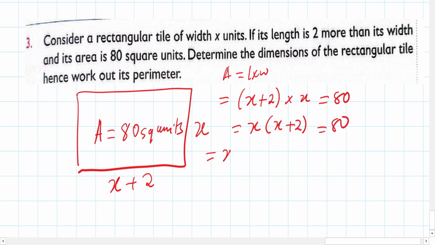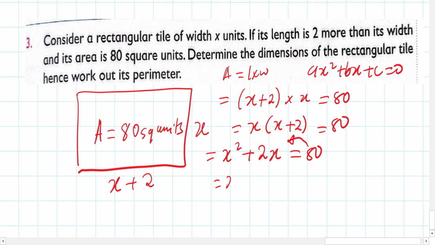So you're going to get x times x, which is x squared, x times 2 giving you 2x, equal to 80, and always make it in this form: ax squared plus bx plus c equal to 0. Therefore, bring the 80 to the left side, and as a result you get x squared plus 2x minus 80, which is equal to 0.